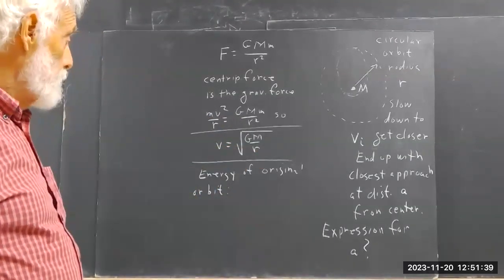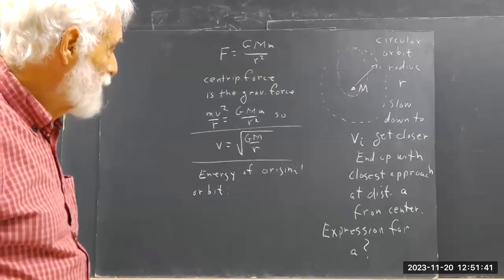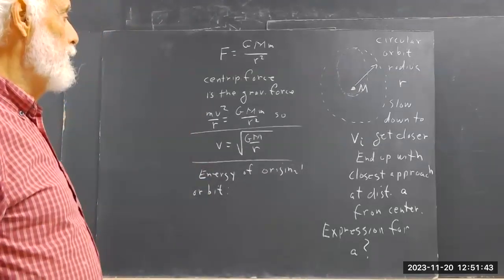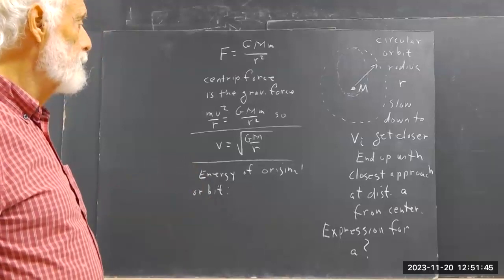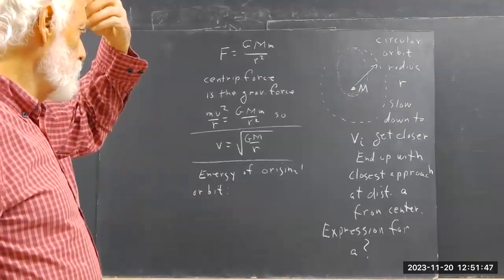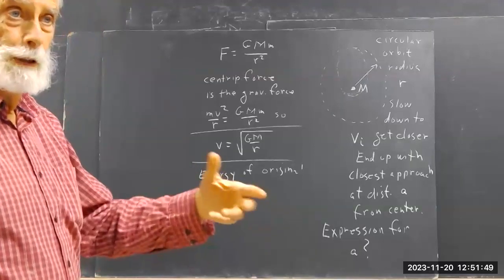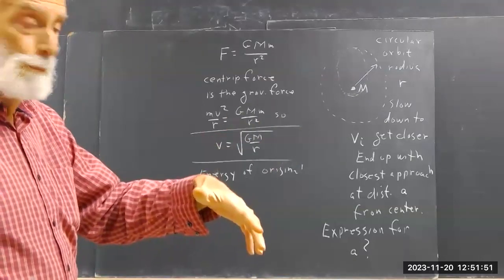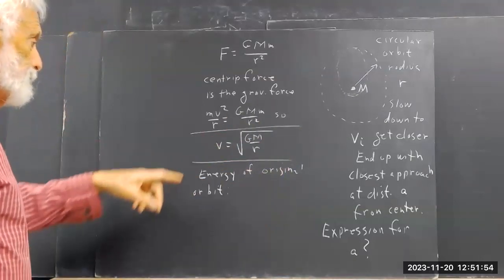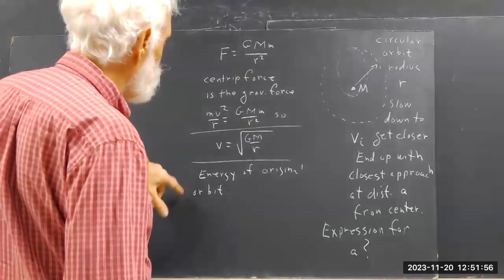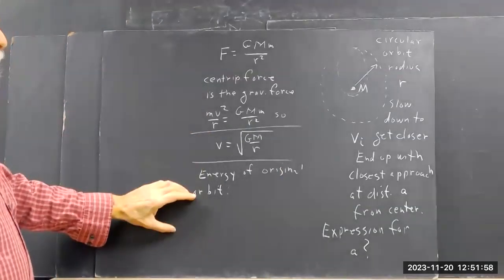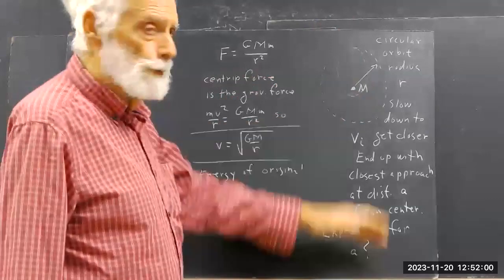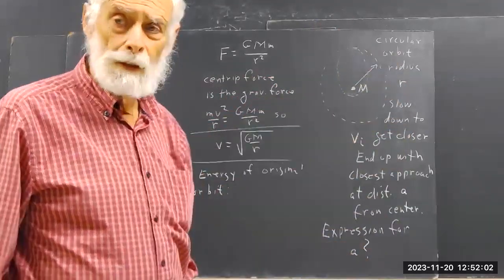All right, so the energy of the original orbit. Incidentally, you don't really need this, but we're going to get an expression for how much energy you had to expend to slow down. I didn't ask for that, but let's go ahead and do it. Right now we're just trying to frame the problem, because when I posed it, people had an awful hard time getting started.